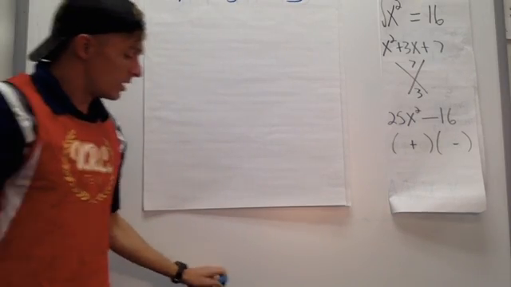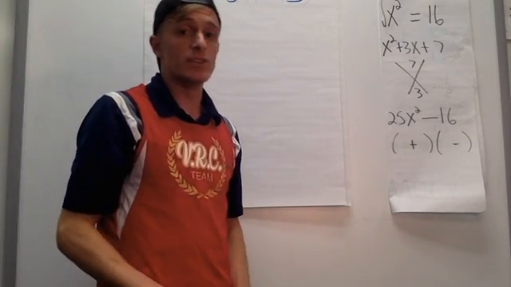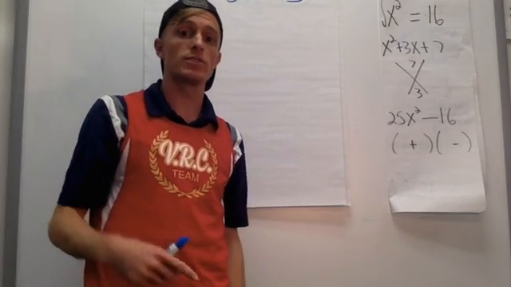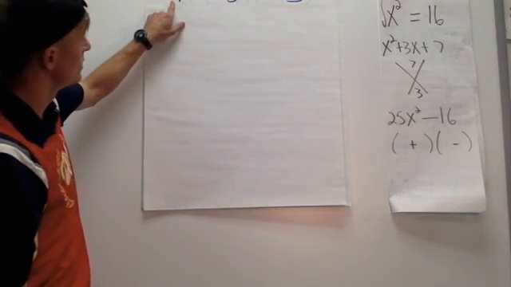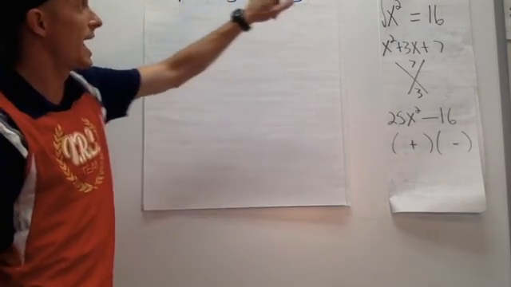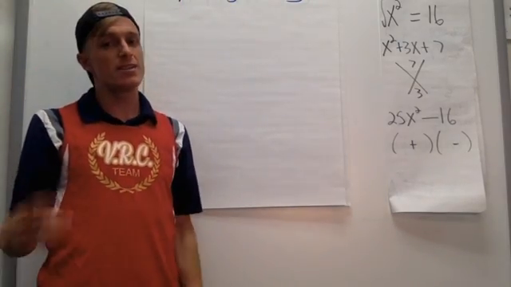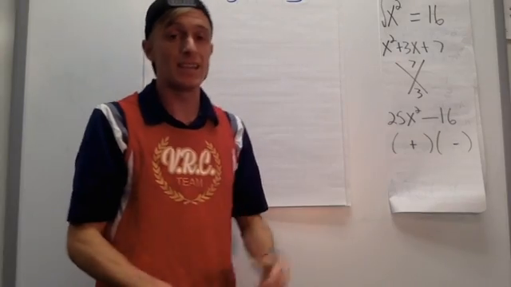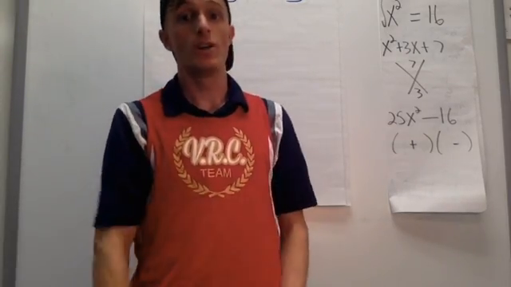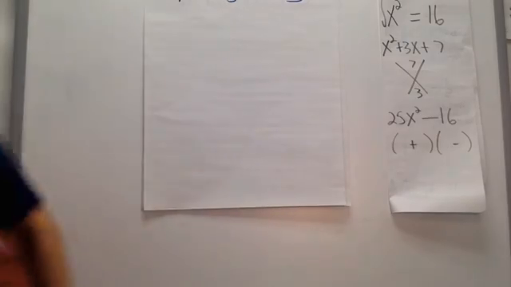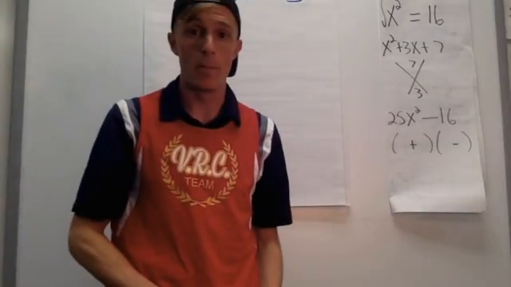The very first thing you should do is try to factor out a greatest common factor. If we look at 2, 5, and 3, is there a number that divides into those 3 numbers? The answer is no. So that means we don't have a GCF, so we have to do bottoms up.